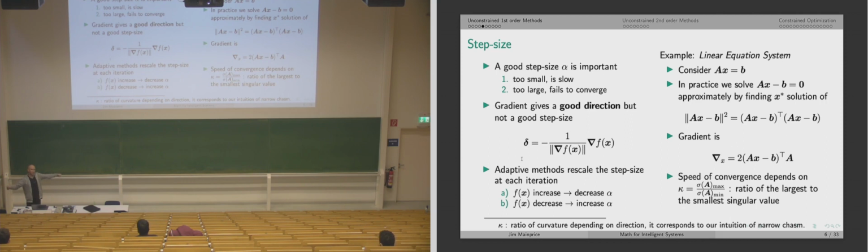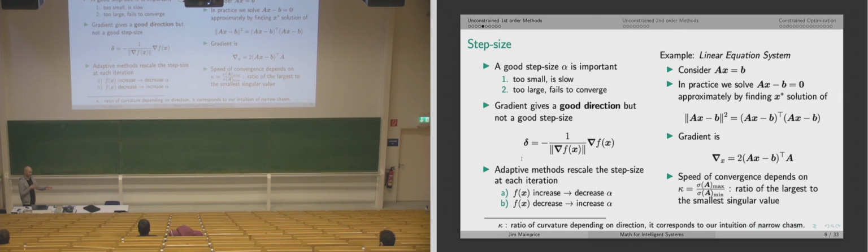So if kappa is really large, you basically have a valley and then a narrow thing down there. And if this thing is going down, then what gradient descent has to do is get in the narrow chasm and then navigate until it reaches the end. But for the adaptive method, well, if you don't have an adaptive method, you have a constant step size, it's too big, you're basically going to get stuck, you're going to stop there.